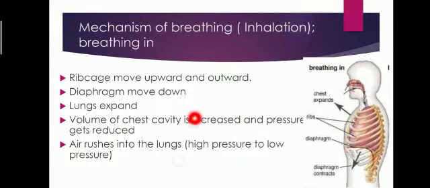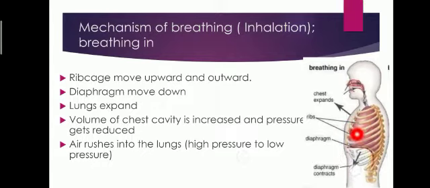So as we can see, the lungs are expanding, ribs are moving outward and upward, the diaphragm is moving down, so the volume or the space which is present inside the rib cage is increasing. And as the volume increases, there is a low pressure which is exerted here.